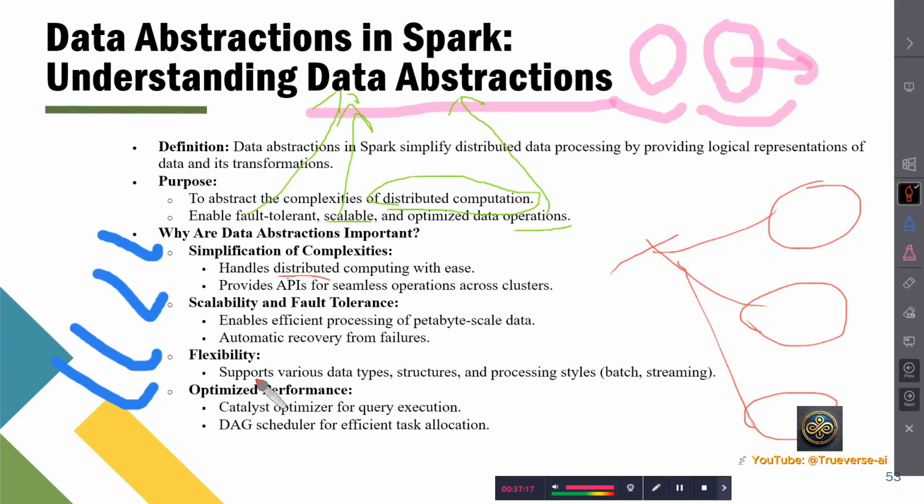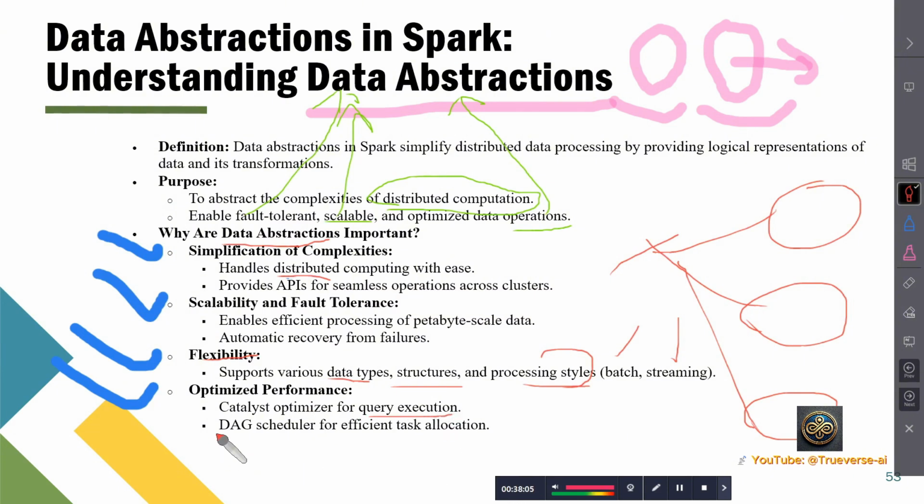Also flexibility: it is not only focused on HDFS, but also on different data type structures and even different types of processing, like batch processing, which means step-by-step predefined processing, or real-time processing. Another point that makes data abstraction important is optimized performance, with the Catalyst optimizer for our query execution.